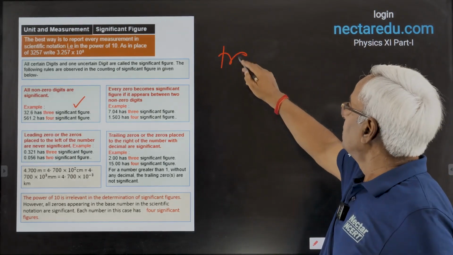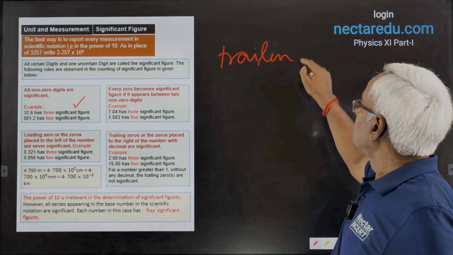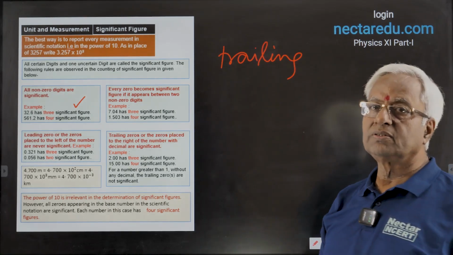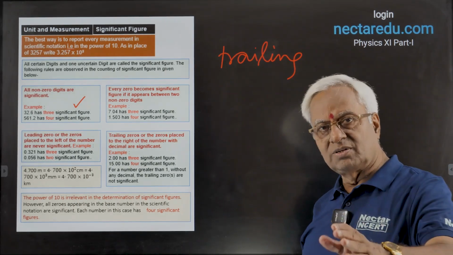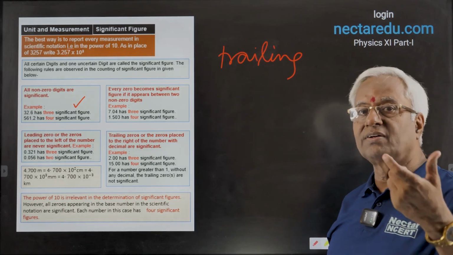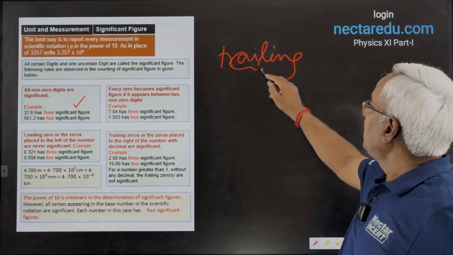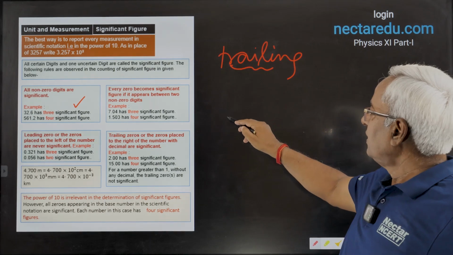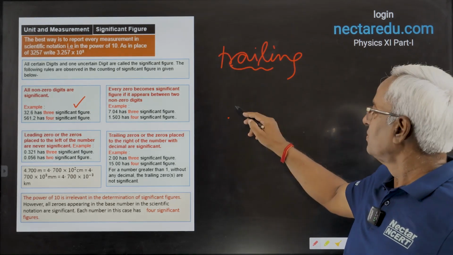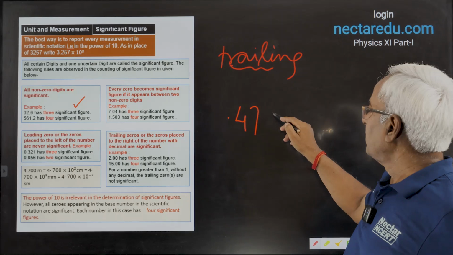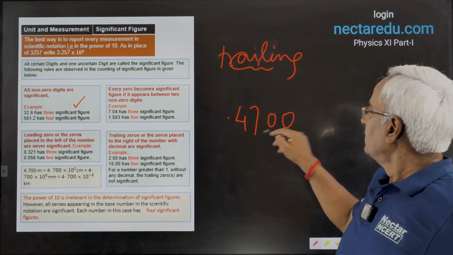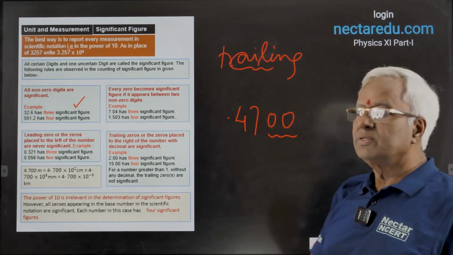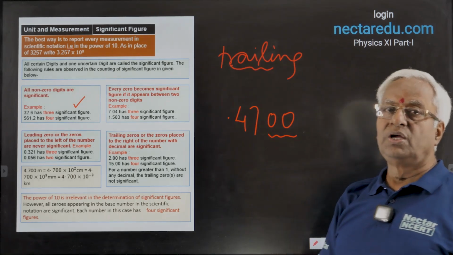Then we have to see what about the trailing zeros. Trailing means in the last, like the last coach of a train, the trailer you say. So trailing zeros means zeros lying at the end, say 0.4700. These would be known as trailing zeros.